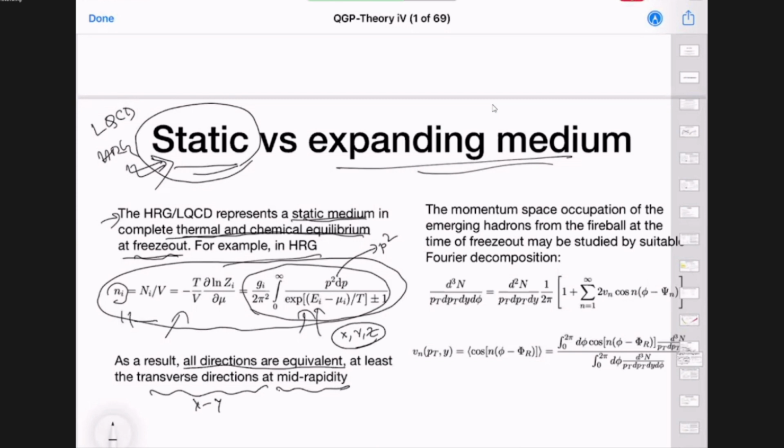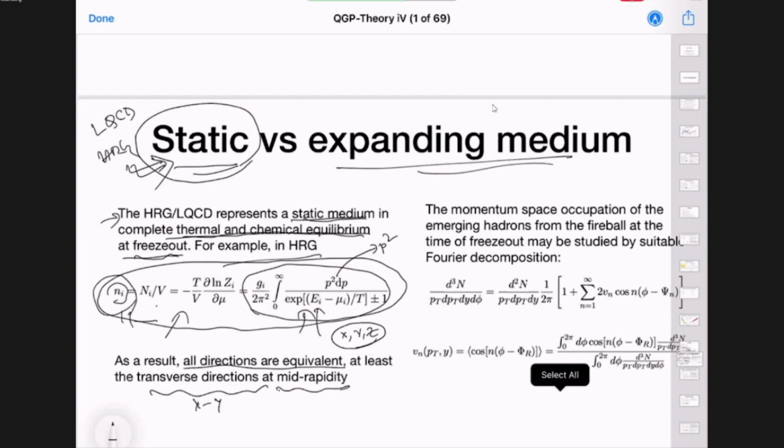But if you just have that picture, it could be misleading. So this is why the topic of today's lecture, and the argument starts in the following way: the momentum space occupation. When we do this analysis, we have integrated out the momentum space details, so all that information is gone, and then we drew this picture.